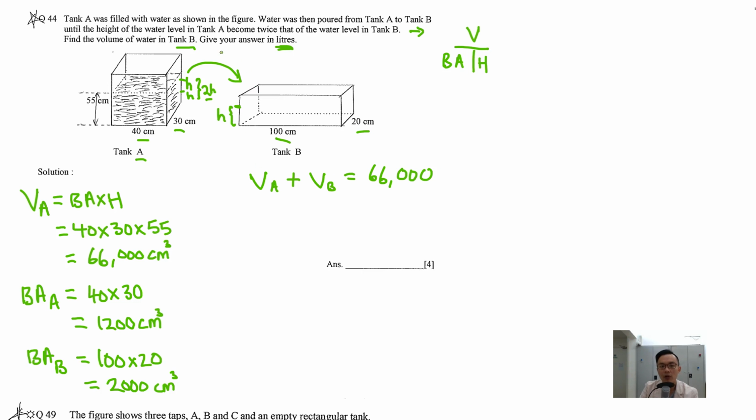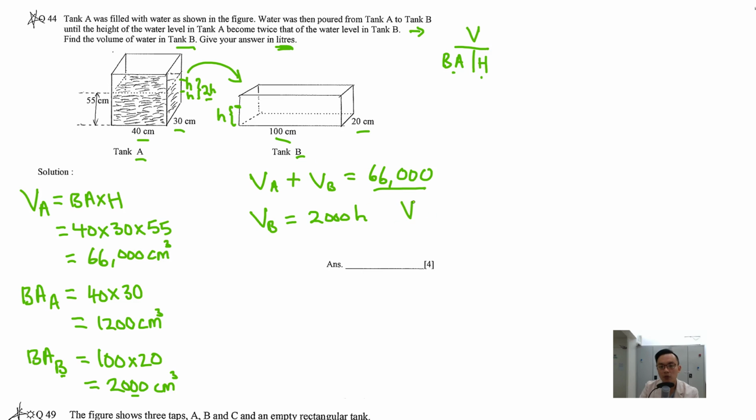So whatever I pour here or I pour there, the volume added together is equal to 66,000. So let's find the volume in tank B first. So the volume in tank B is equal to base area times the height. So base area in tank B is over here, I found is 2000. So it's 2000 times the height, which is H.